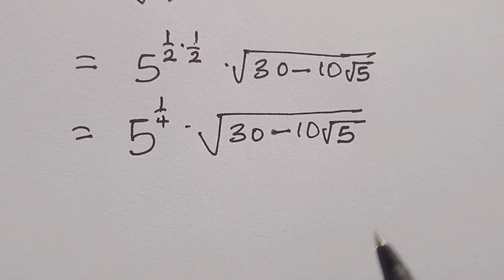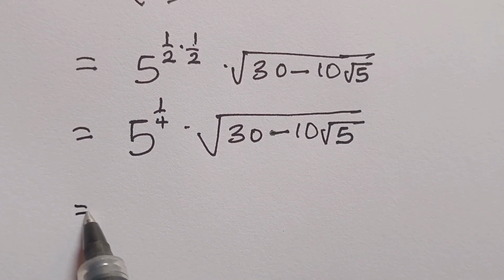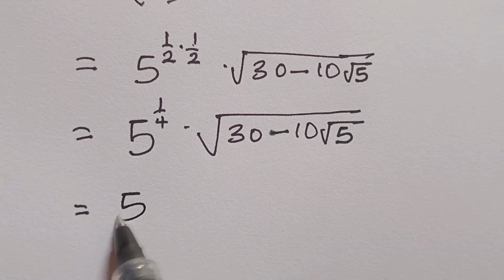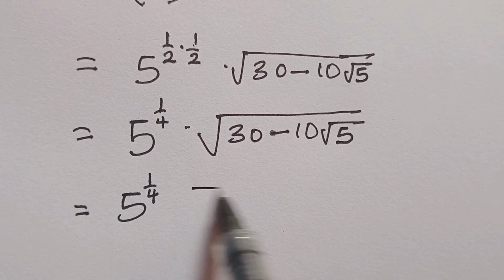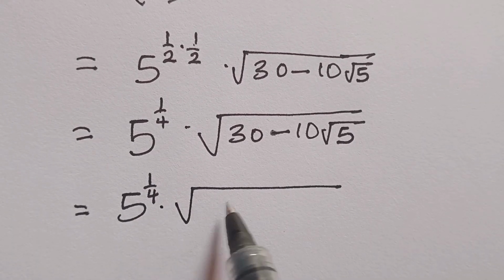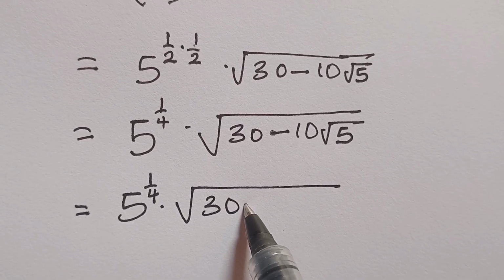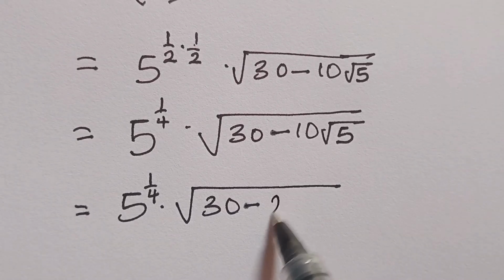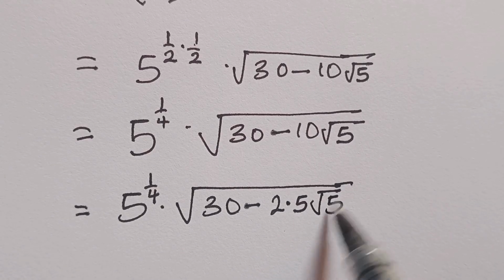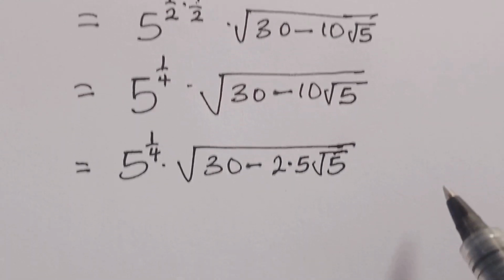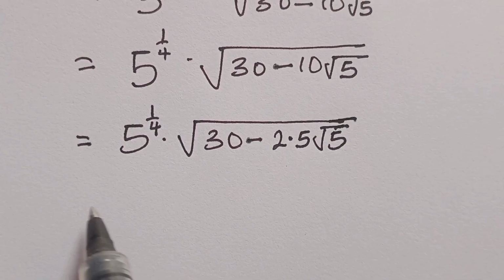So, with this, I have 5 raised to power 1 over 4, square root of 30 minus, so 10 can simply be written as 2 times 5, so I now have 2 times 5 square root of 5.